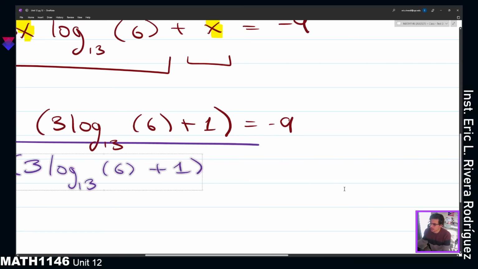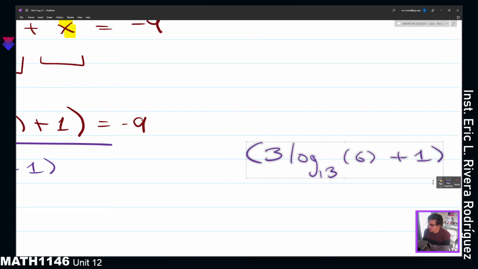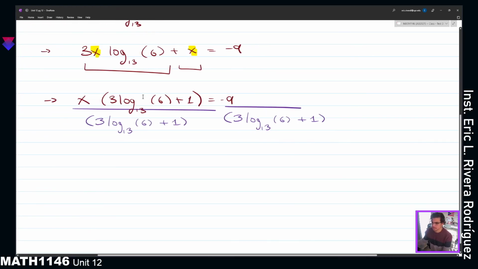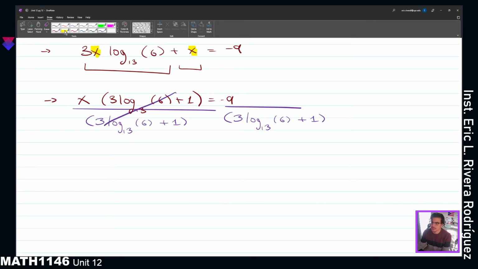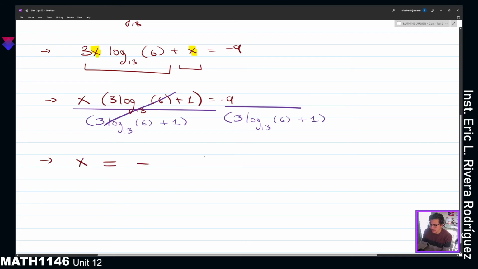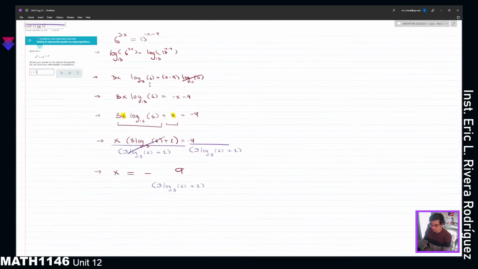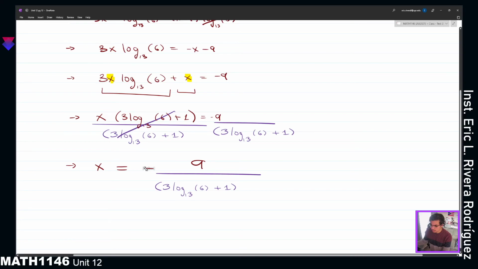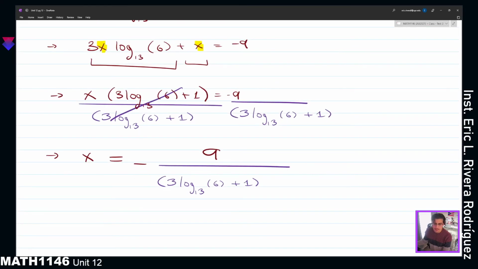By dividing the entire equation by 3 log base 13 of 6 plus 1, we cancel this, and we got negative 9 over that expression, with the negative. Okay, so that's the answer.